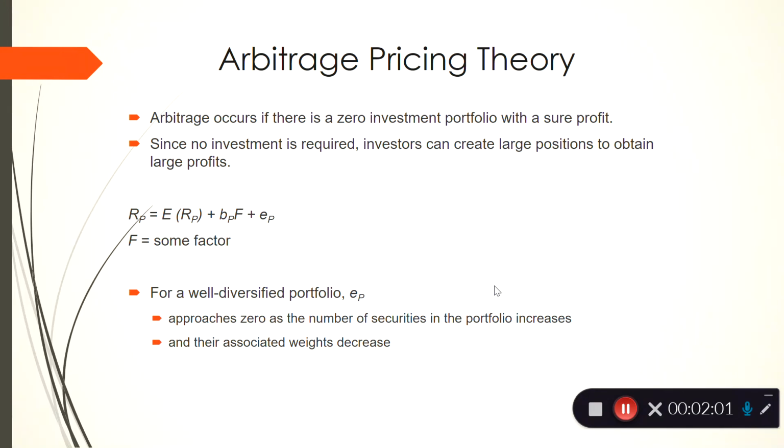Arbitrage pricing theory is based on the law of one price, or LOOP, as you may have learned in econ. If two assets are equivalent in all economically relevant aspects, then they must have the same market price. You see the law of one price tested in the Big Mac index, because the Big Mac is two all beef patties, special sauce, lettuce, cheese, pickles, onions on a sesame seed bun, and it's supposed to be the same thing no matter what country you're in.